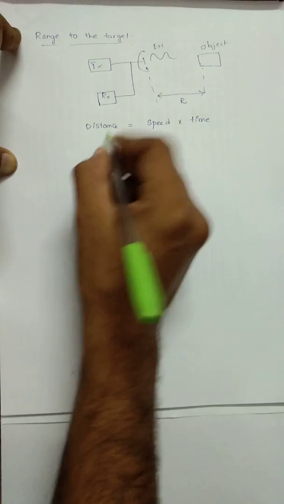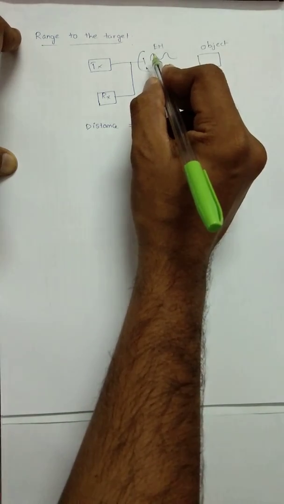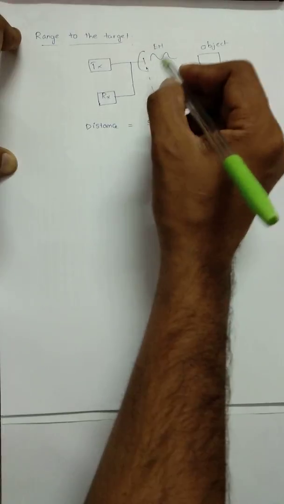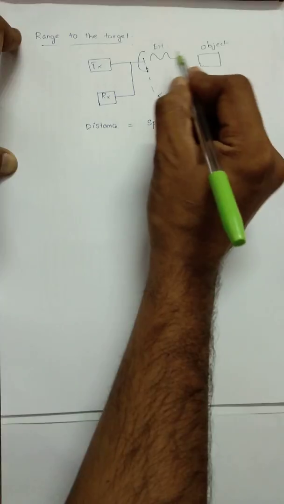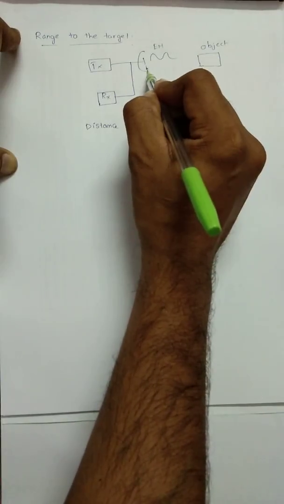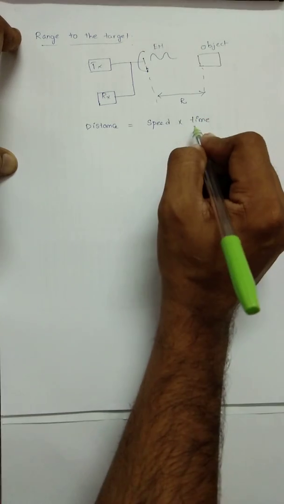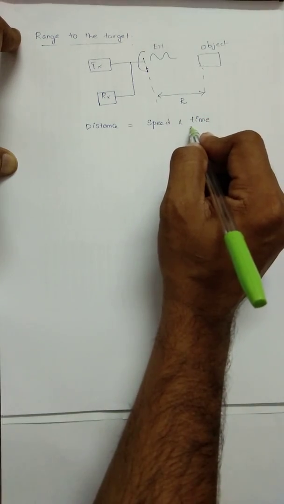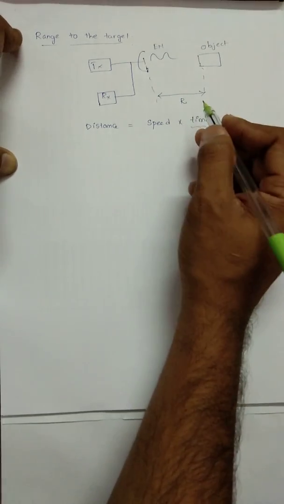Now the total distance traveled by the electromagnetic wave starts at this location, goes until the object, and again comes back towards the radar system. We need to consider the total round trip, then only can we determine the distance and time of the EM wave.